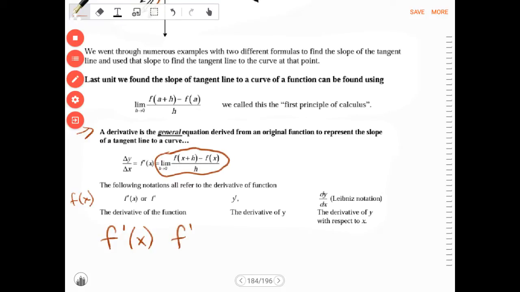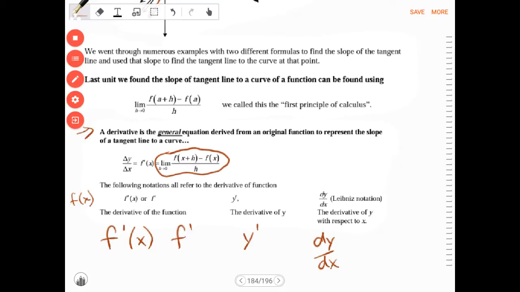The prime is kind of like a little quotation mark, almost like an apostrophe. If our original function is y, then we can have y prime. And then there's this Leibniz notation. He was one of the founders of calculus, and he always used dy dx. That is the derivative of the function y with x as a variable.